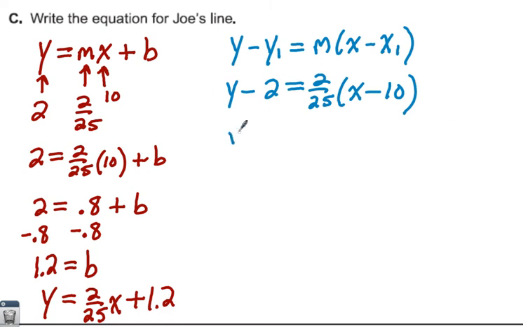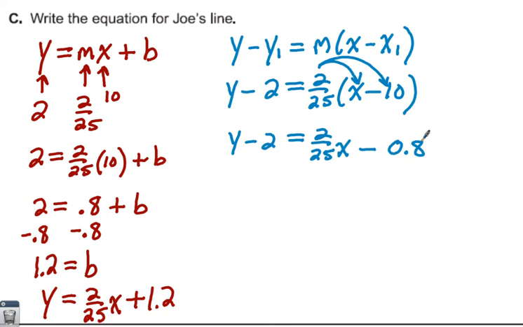Of course, you could keep this going. 2/25 x, distributing to clear the parentheses, minus 0.8 is what that is. And then you would add 2 to both sides to solve for y, getting y by itself.